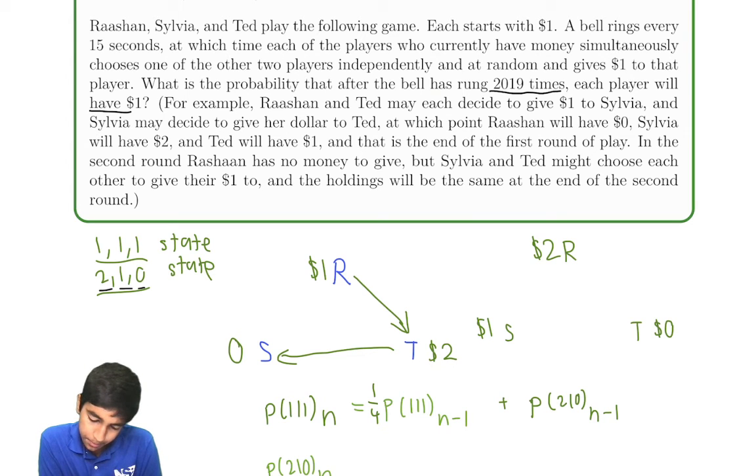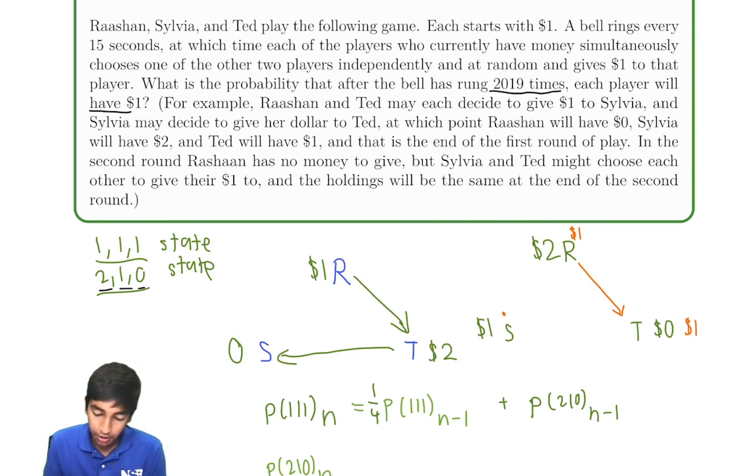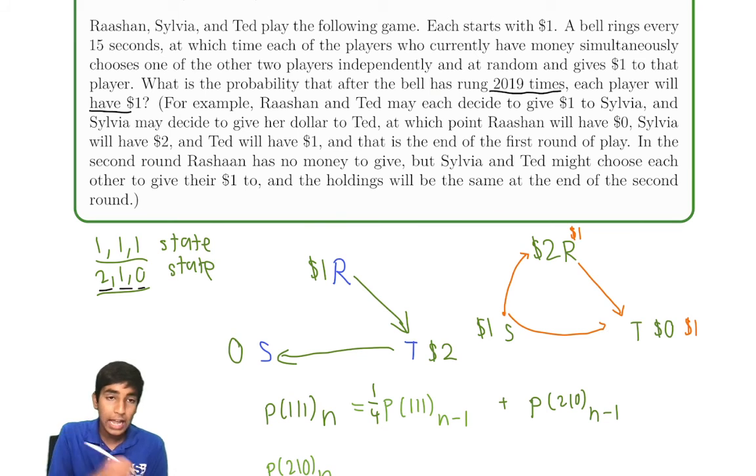Let's first consider, who does Rashawn give $1 to? If Rashawn gives $1 to Ted, now Rashawn will have $1 and Ted will have $1. But that means Sylvia will have to give up $1 but won't get anything in return. So Sylvia will give $1 to Rashawn or Ted, but won't get anything because Rashawn is giving it to Ted and Ted has no money to give. So that means it will end up back at 210.